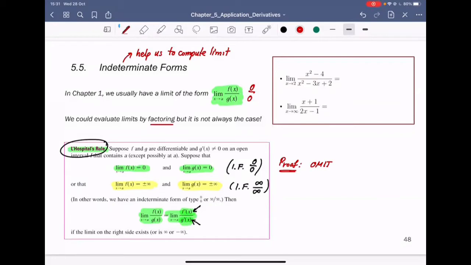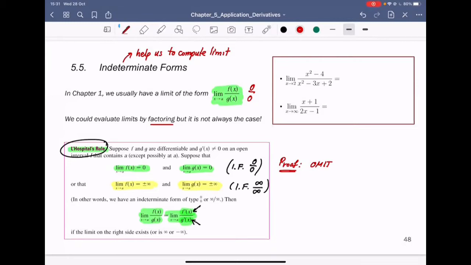But here, we're just going to skip the proof and use the result first. Again, if you want to see the proof, which is not that hard but takes some concepts of real analysis, chat with me privately after class maybe.